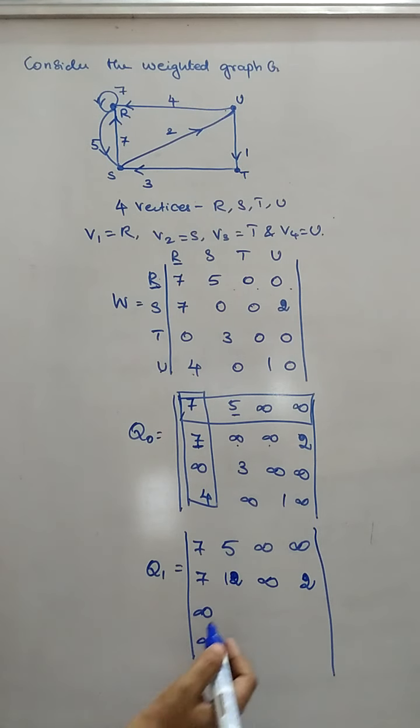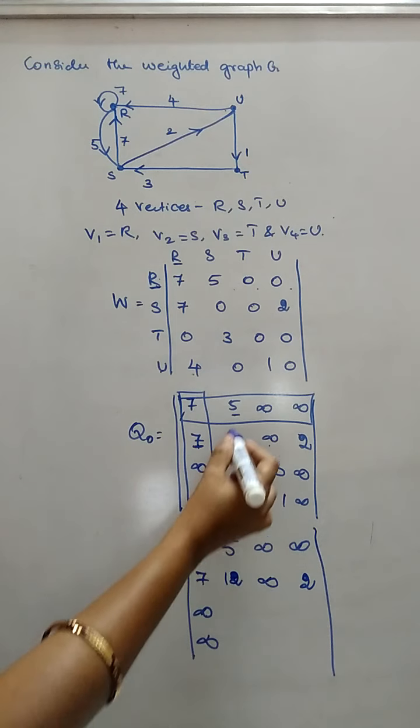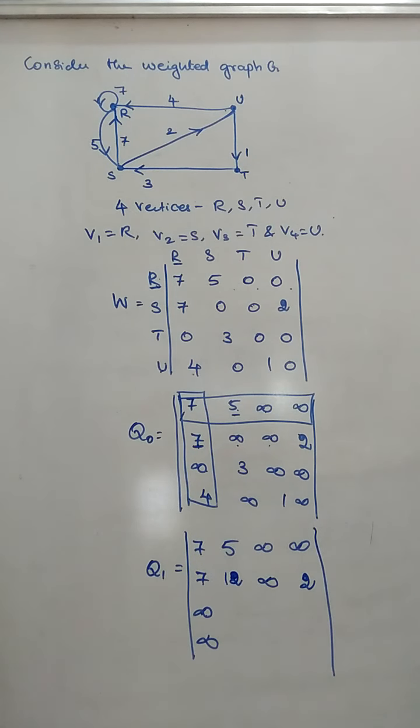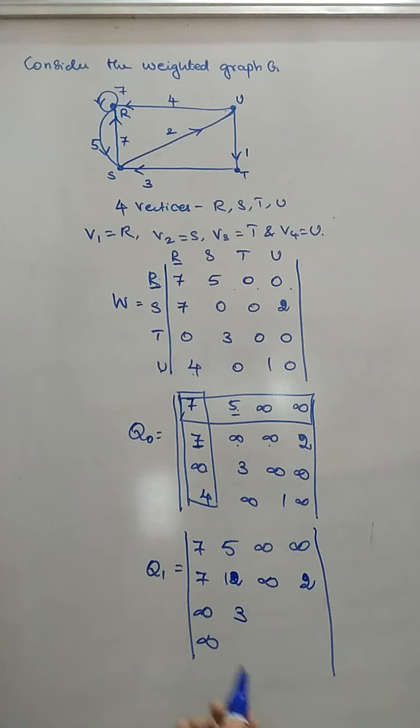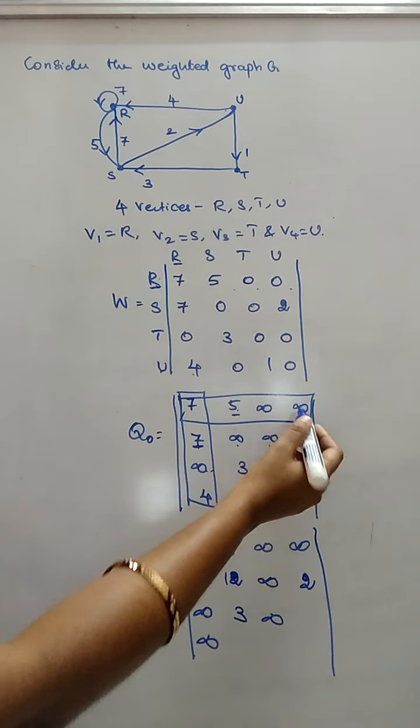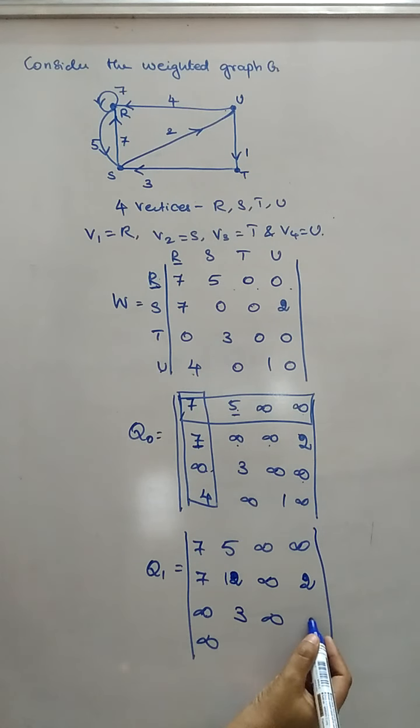And then here infinity plus 5, infinity will be compared with 3. 3 is the minimum one. Then infinity plus infinity, here also infinity. So simply we can fill infinity here. Then here also infinity, we can write infinity here.